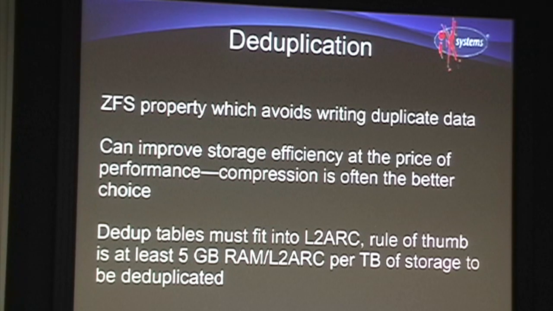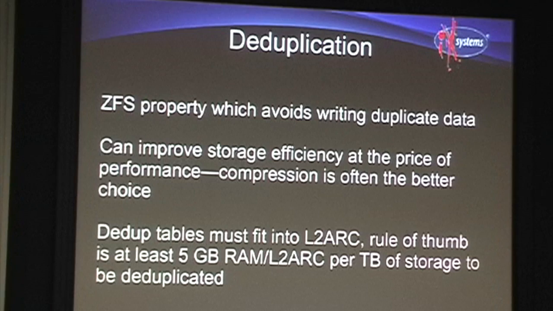So if your goal is to use as little storage space as possible, compression will do that for you with very little performance impact. So we typically recommend that people do compression first and see if that's enough for you.